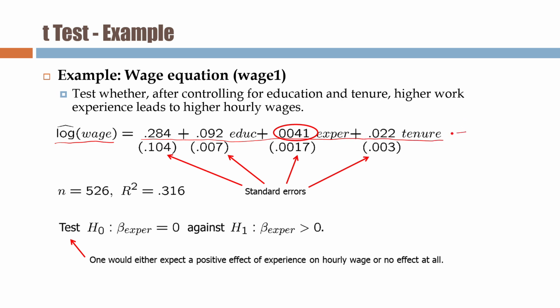This is our regression model, and these numbers in parentheses are our standard errors. You can get a standard error from Excel or from other tools. The total number of data points is 526, R square is 0.316. And the number of parameters we estimate is 1, 2, 3, 4, four parameters.